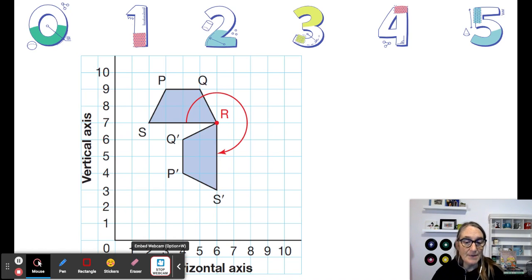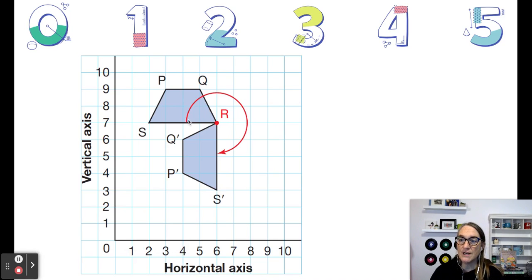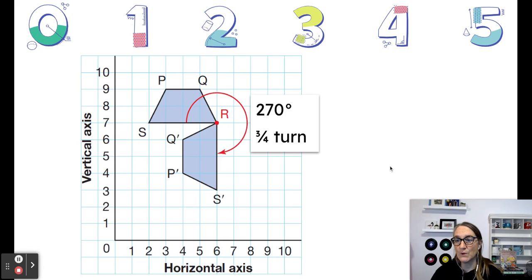The rotation image is trapezoid P prime, Q prime, R, S prime. And after a 3/4 turn clockwise, the reflex angle between RS and R S prime is 270 degrees, the same as a 3/4 turn there.